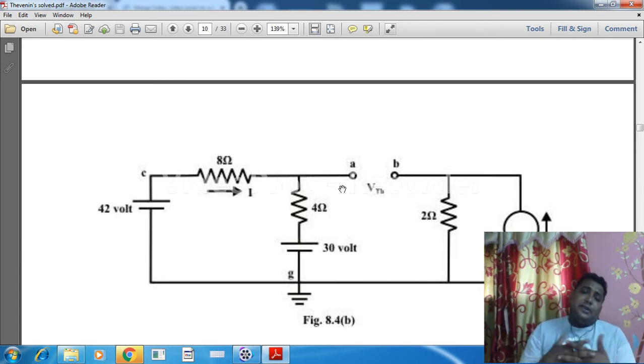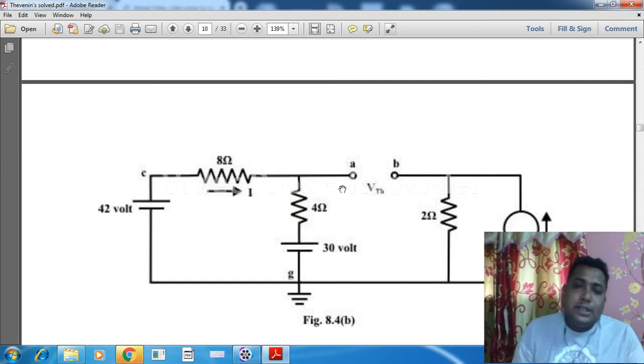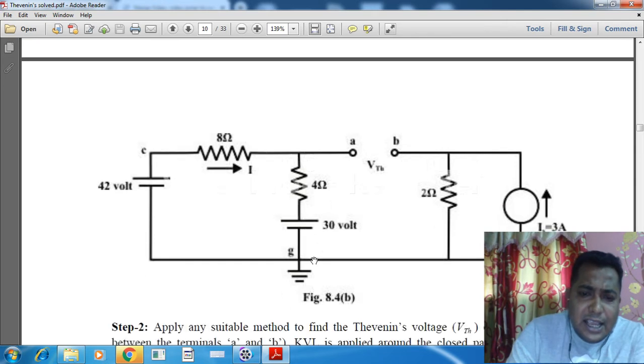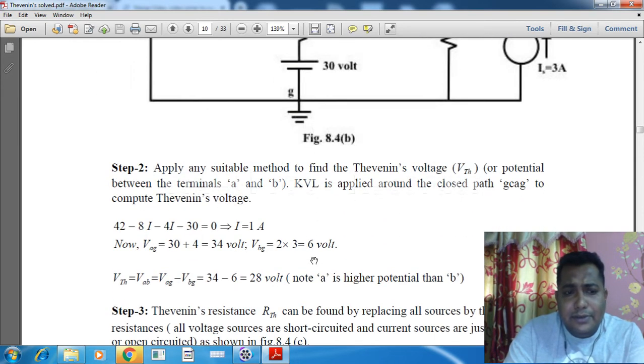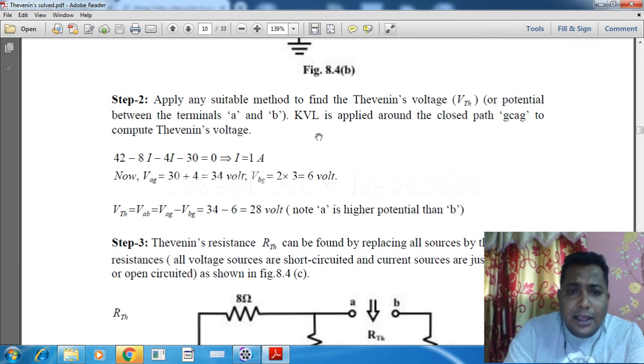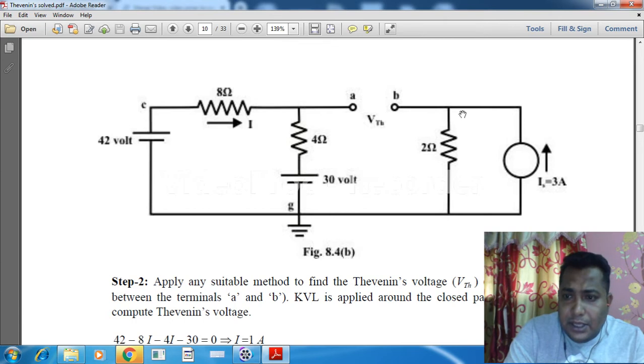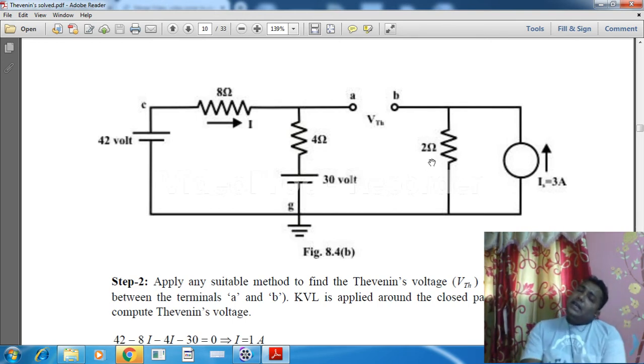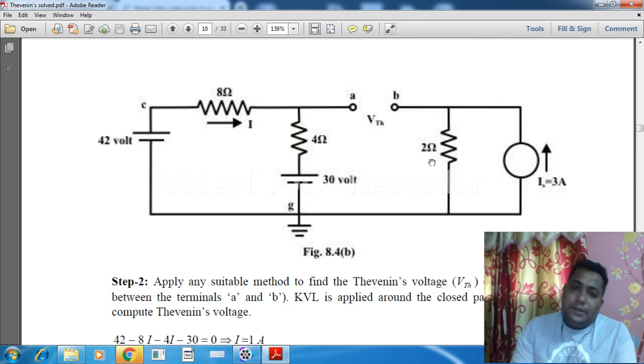And after that, when we are going to calculate the RTH, at that time we have to remove all the sources from the circuit and view from that open terminal. See, now we are just going to see how they have solved. They have applied the KVL. After applying KVL, we have to find out VAG and VBG, and the difference between VAG and VBG will give us the Thevenin's voltage.